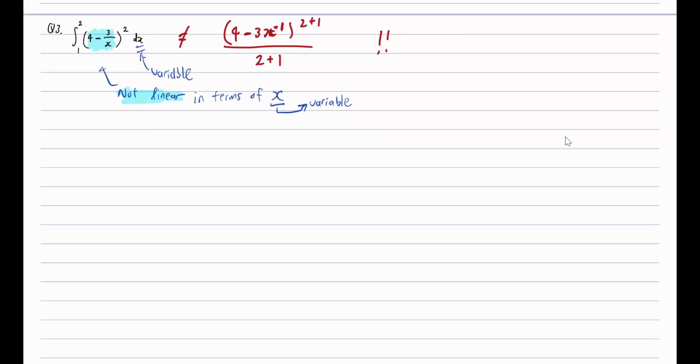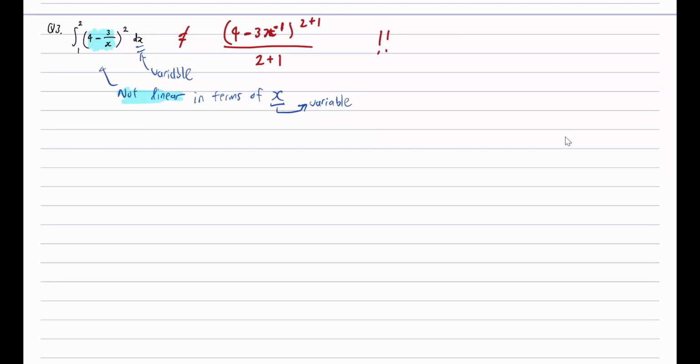A minus b bracket square is a square minus 2ab plus b square. Right, that's true. Then how do we continue from here? What is your A? What's your B?